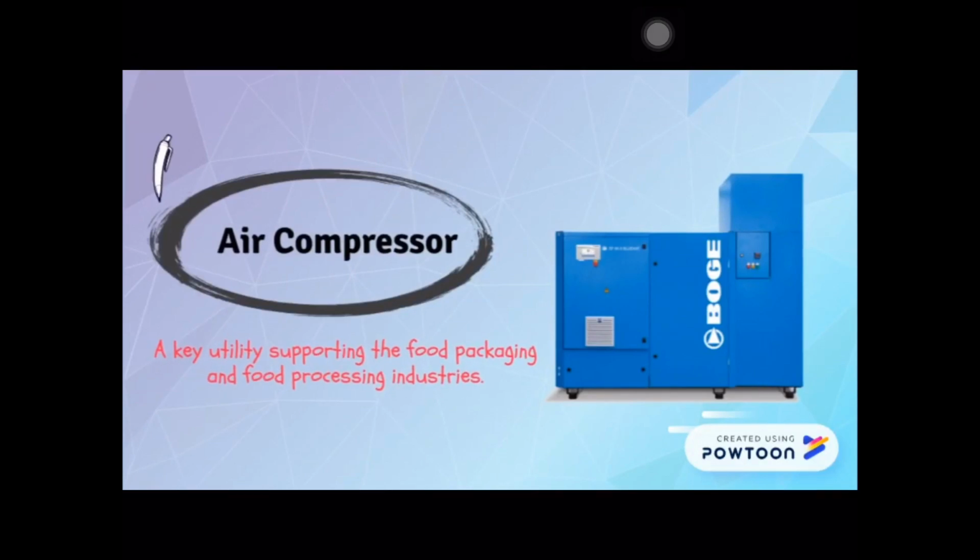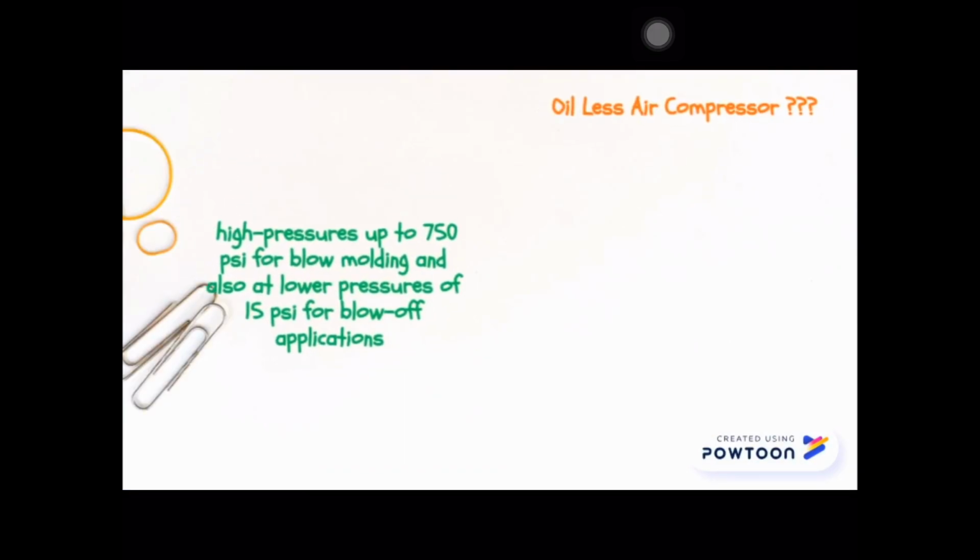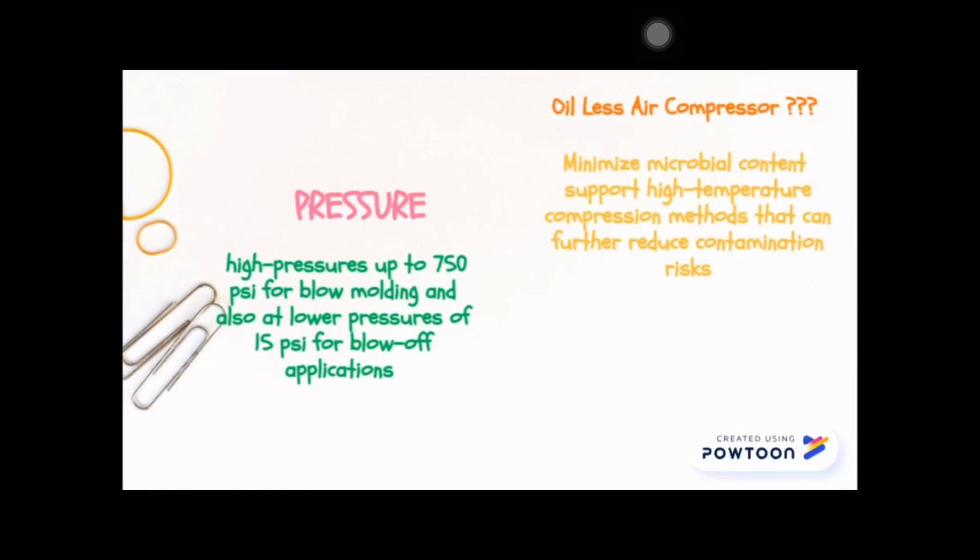It is a key utility supporting the food packaging and food processing industries. The selection of oil-less air compressor minimizes microbial content and supports high-temperature compression methods that can further reduce contamination risk.